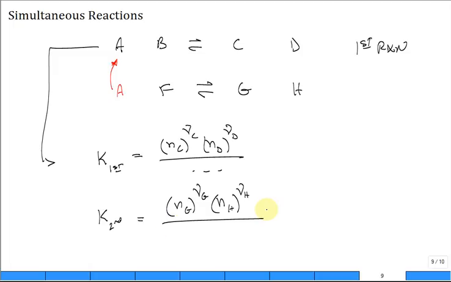Now let me go ahead and do this. Let me write it as if there's an a here. So it would be n sub a to the nu sub a in the second equation. There's a nu sub a in the second equation. And this would be nu sub a in the first equation. Up here, finishing out, we'd have n sub a, the same amount, to the exponent nu sub a in the first equation.